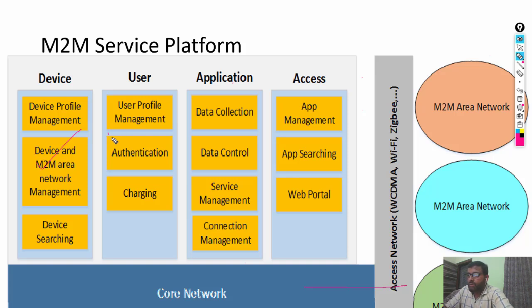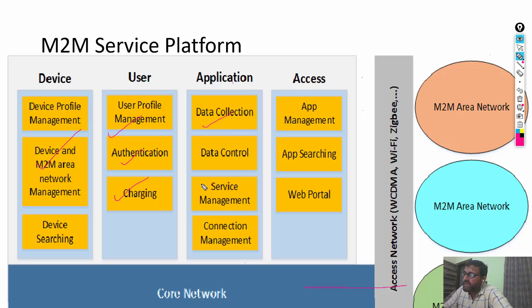And the user: who is going to access? Any expert is going to access the device. So what is the profile of the expert, and how is the expert going to log into the IoT network: authentication, charging, if we charge the expert any amount. This comes in the domain of the user. And what kind of application?